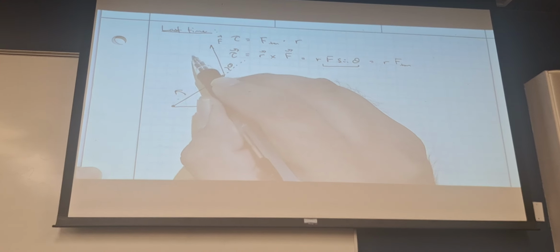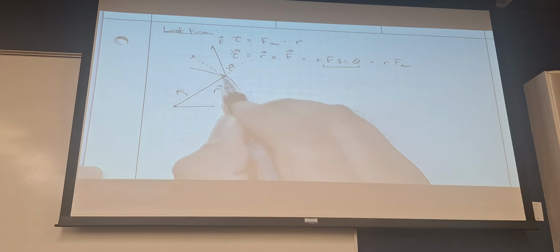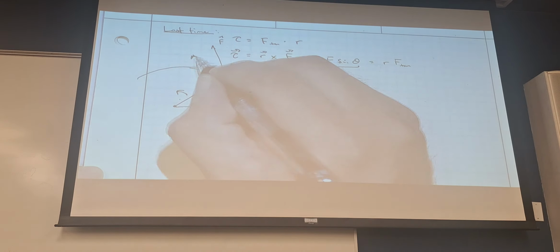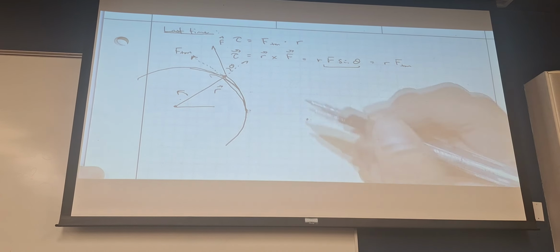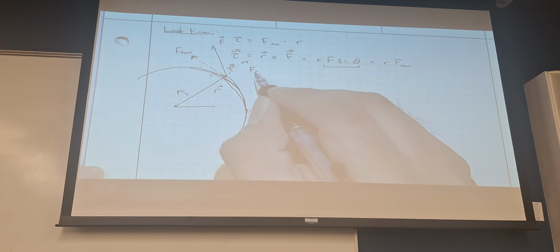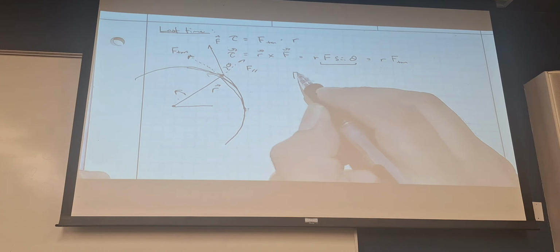Let's say this was the path of motion. So it's a circle, right? So you have this tangent component, F tan, and then you have this, I guess you could call parallel component, F parallel. And it's parallel to the arm, so the radius, right?